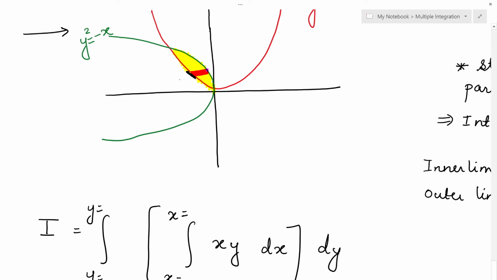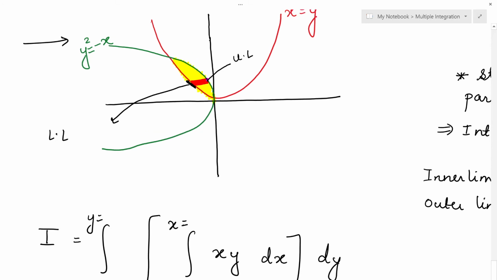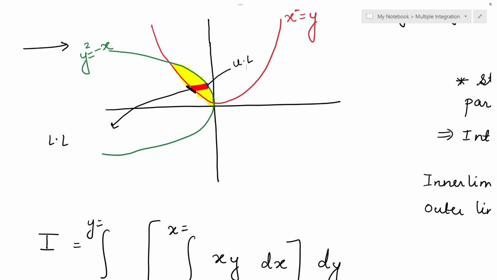This will be your lower limit, and where the strip touches here on the green part, this will be your upper limit. This is clear to you? Since the strip is parallel to the x-axis, the left hand side will be your lower limit, the right hand side will be your upper limit.